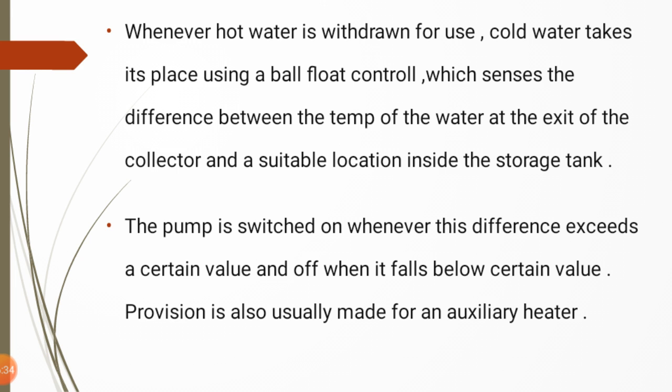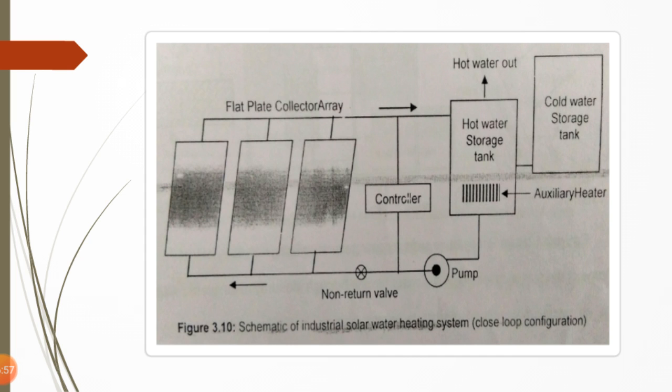The pump is switched on whenever this difference exceeds a certain value and off when it falls below a certain value. That means this temperature difference is very important, because if it increases to a certain value, then the pump is switched on. Here there is a pump at the bottom side of the storage tank.